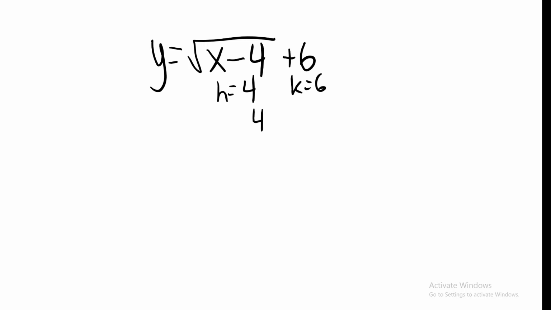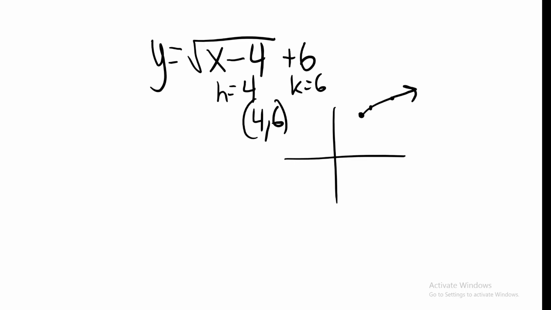So 4 comma 6 is my starting point for my square root function. We go to 4 comma 6, put a dot, and then same rule: over 1, up 1, over 4, up 2, and you create a square root graph going up like so.